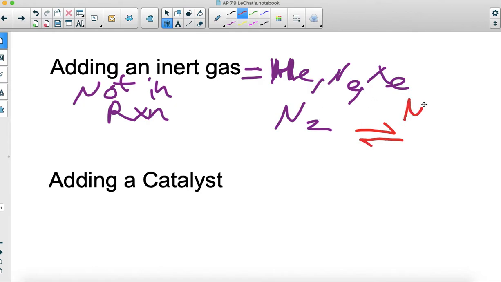So it's going to have no effecto, as they say in French. Maybe. I don't know. So this will not have an effect on the equilibrium if you add inert gas.